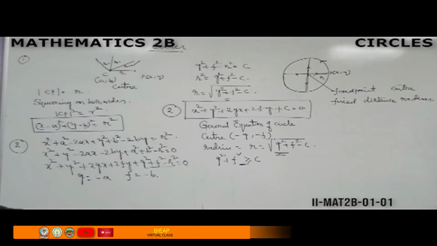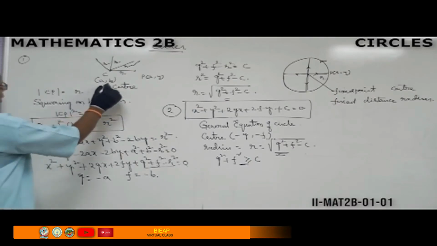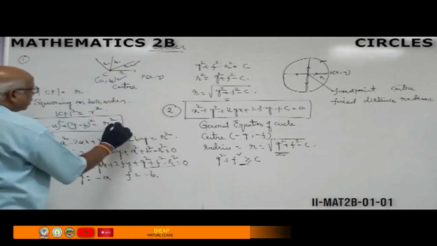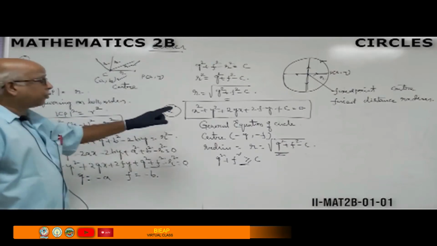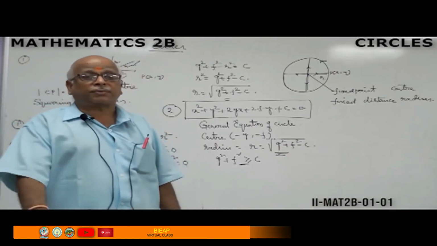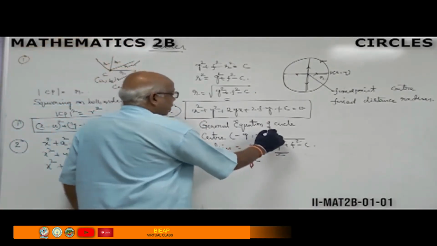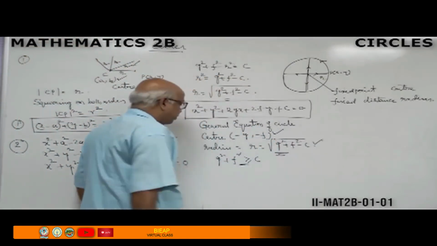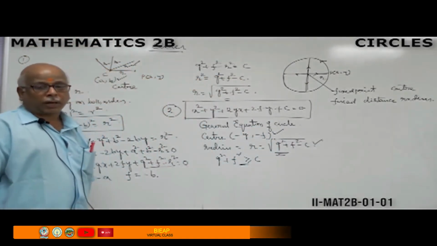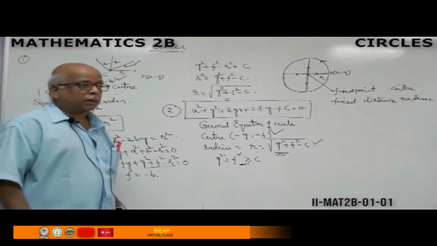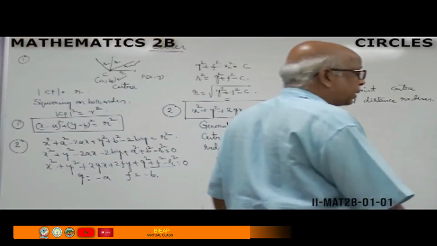This is the second important and major formula of the circle. The first one is when center and radius are given: center coordinates (a, b), radius r. Second is the general equation of the circle. When the equation is given and we have to find the center coordinates and radius, this is the formula we are supposed to apply. Students, please make it convenient to remember these two formulas whenever necessary.